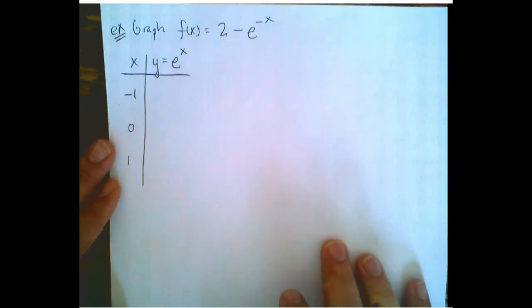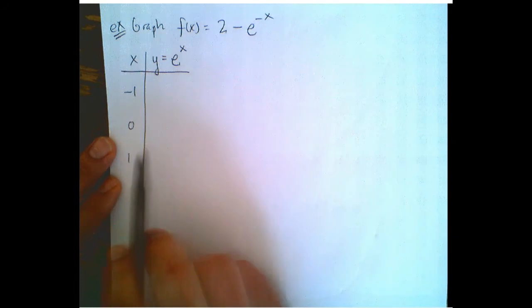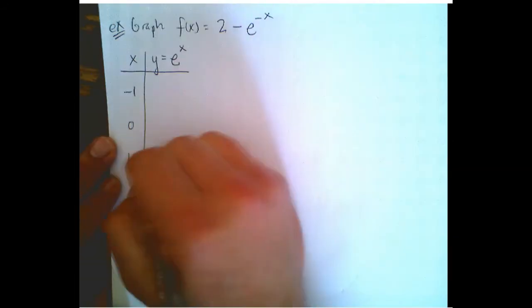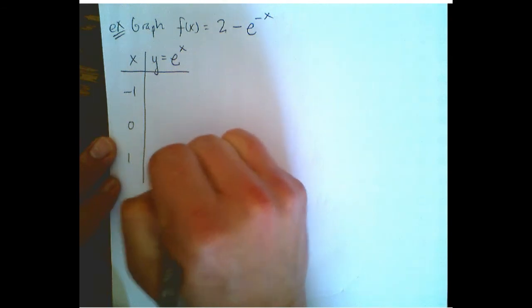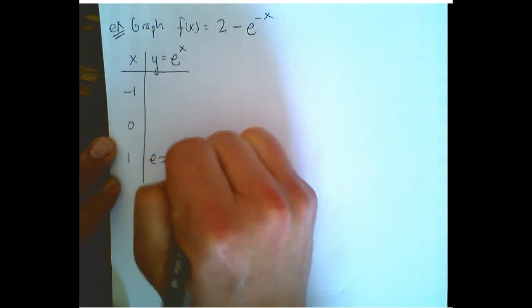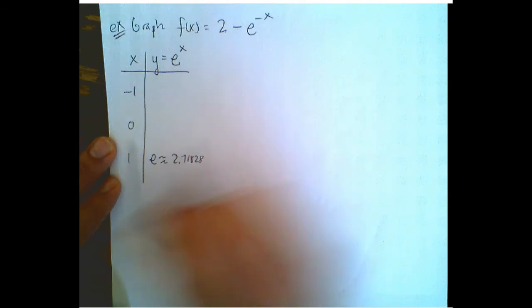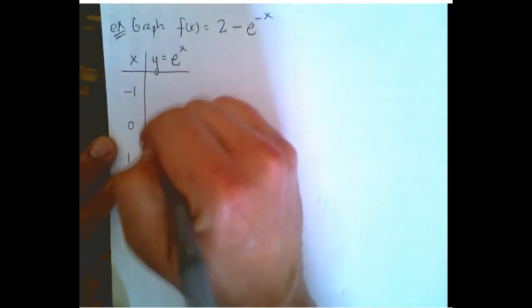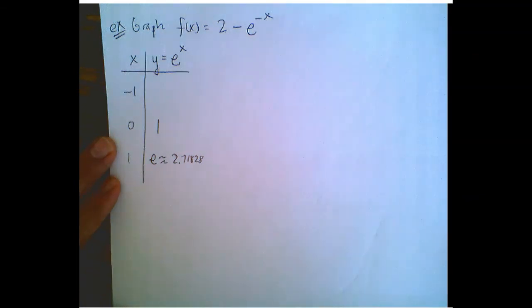And let's put in some values. We just do negative 1, 0, and 1 this time. Should be able to get a good idea of that. So let's start here. What's e to the first power? Well, that's just e, which is approximately 2.71828. What's e to the 0 power? E to the 0 is 1. Anything to the 0 is 1.